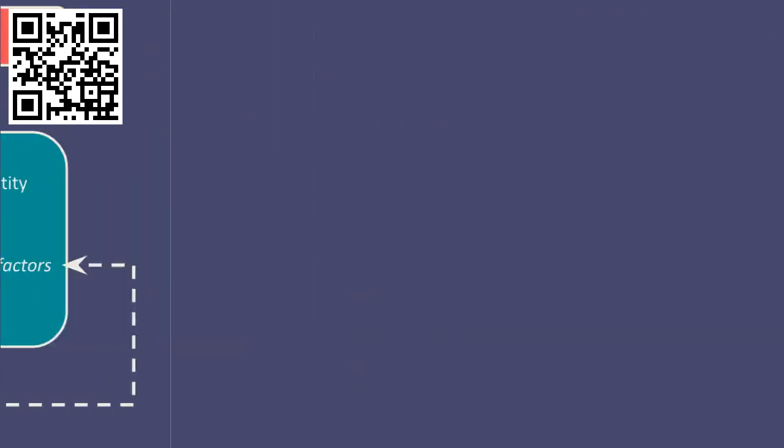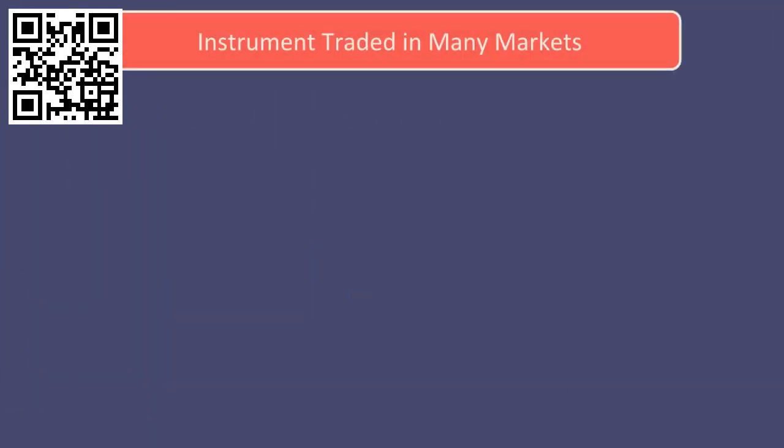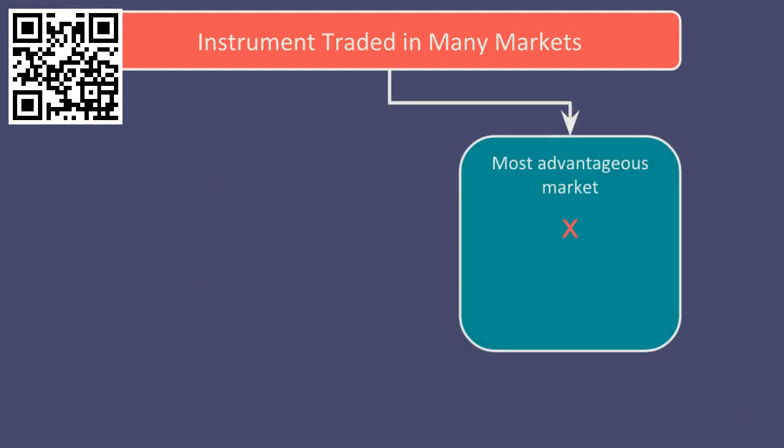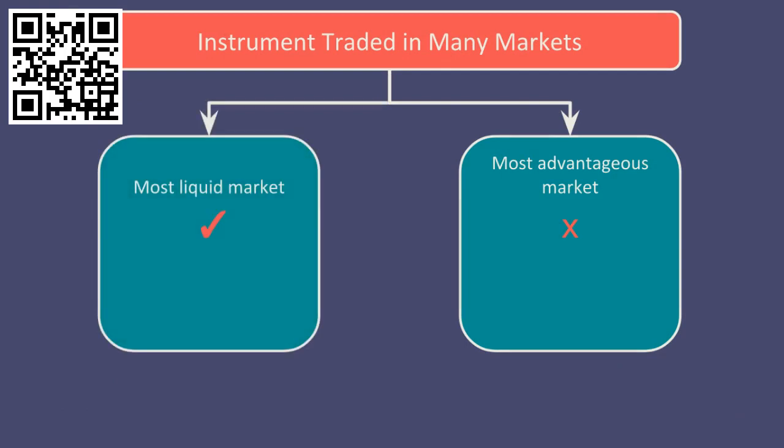And also, if our instrument is traded in a number of markets, then rather than use the most advantageous market, we will in fact use the most liquid market where the majority of transactions take place. For example, in one market we might be able to achieve £50 per unit. That might be the most advantageous price, and logically we want to trade in the market with the most advantageous price.